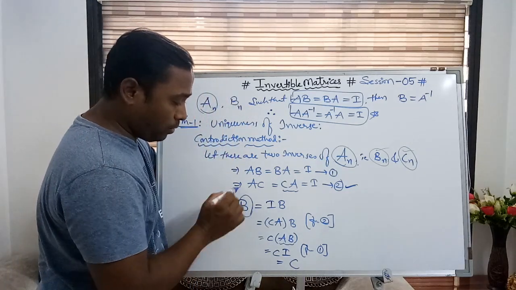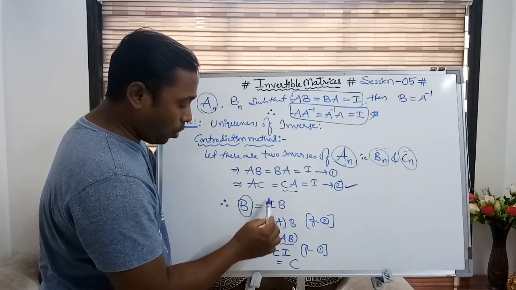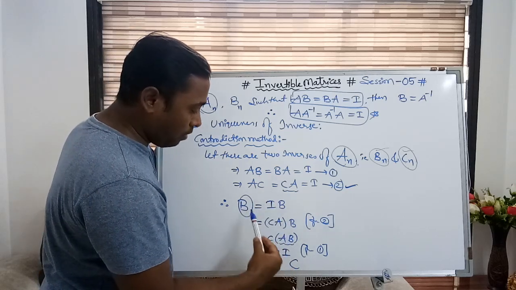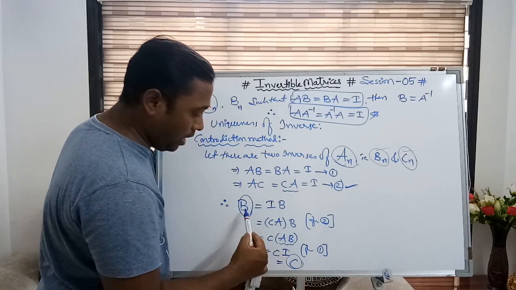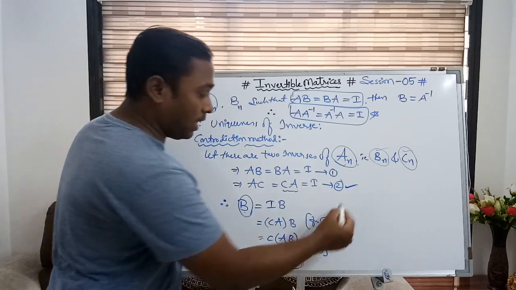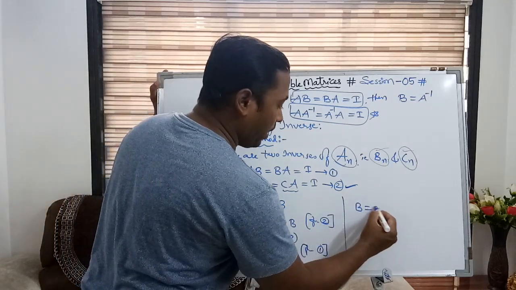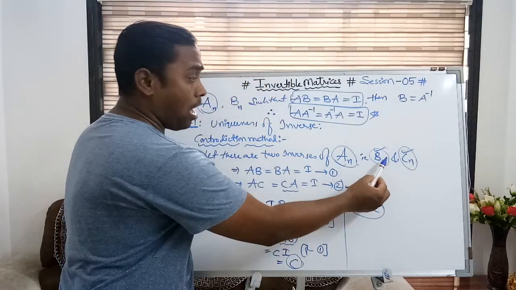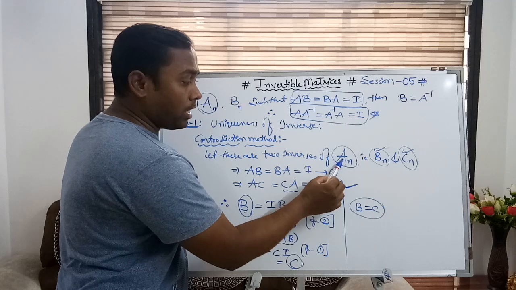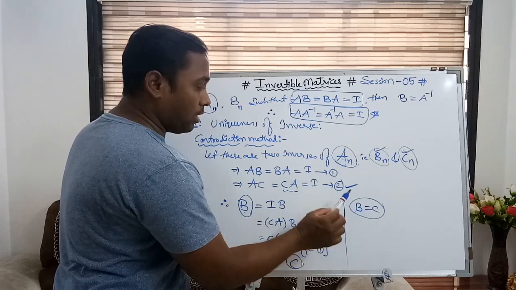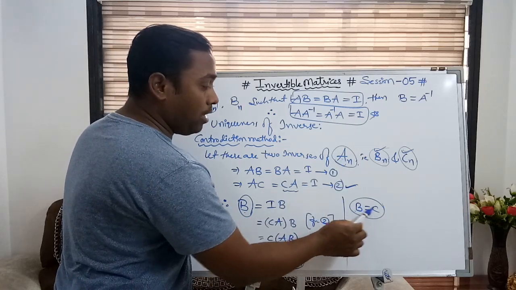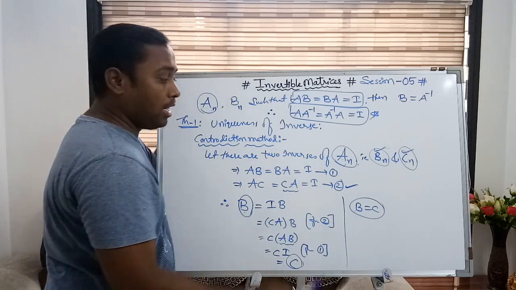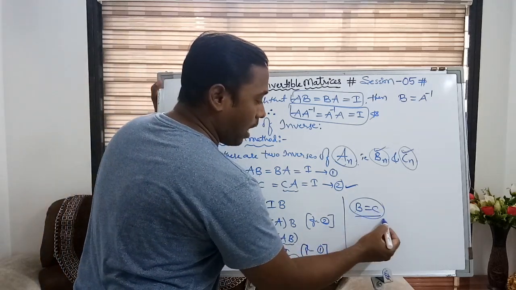So we started with B. By doing proper steps and methodology, we approached C. So B is equal to C. We assumed that there are two distinct square matrices which are inverses of the given matrix, but here we got that B is equal to C. It contradicts our statement.